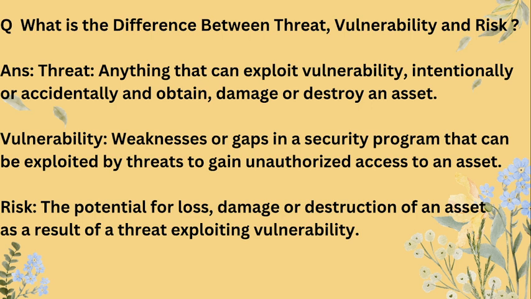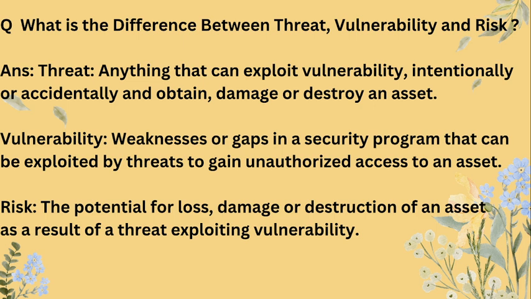First is threat. So you should know what a threat is. Threat is a malicious event that takes advantage of vulnerability. As you see in the slide, it is anything that can exploit vulnerability. Vulnerability means weakness.